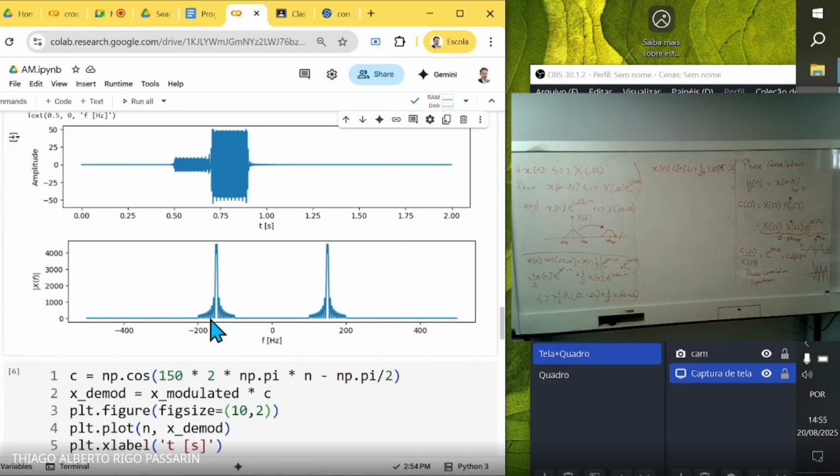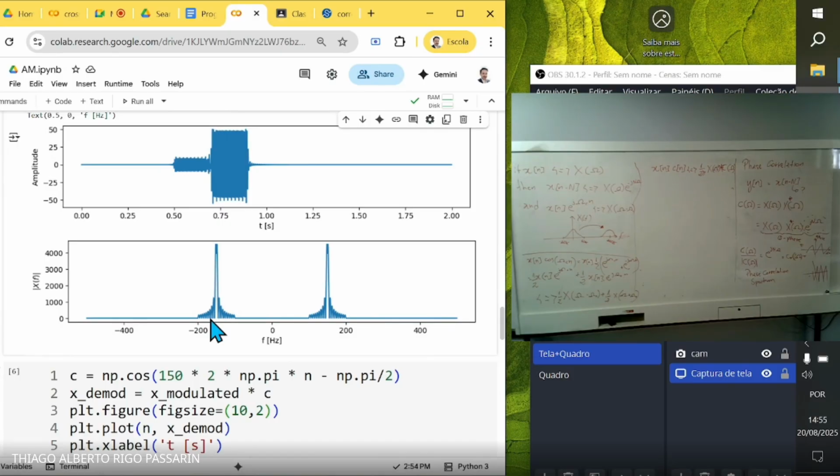Now I can transmit it. Here it's 150 hertz, right? Here I mentioned 100,000, but the principle is the same. Once I transmit it, someone receives it.